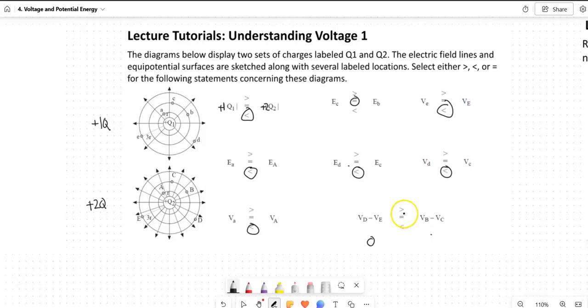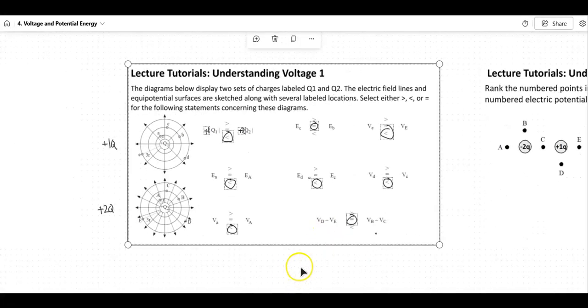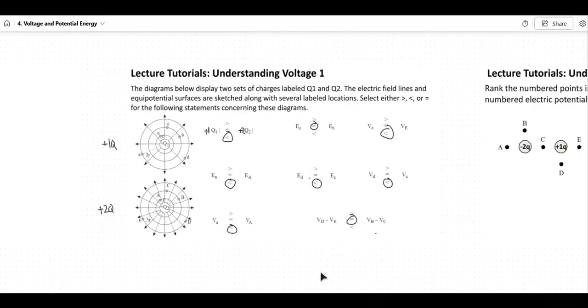That would also be 0. So the voltage differences are equal to each other. They're both 0. So this is your very first page of your tutorial, okay? You'll have to do something much like this.